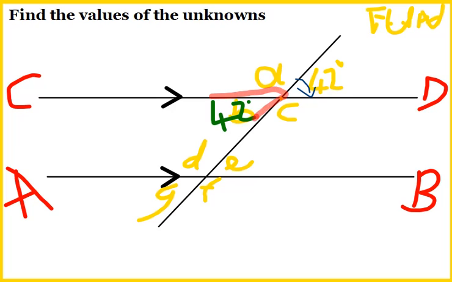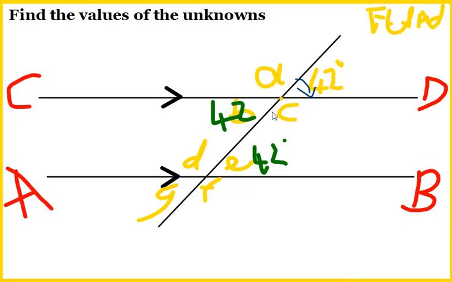So let me draw a Z right there just to show you what I'm talking about. So we can see that that's the interior and that's the interior. And because we have parallel lines, that means E is also equal to 42 degrees. So I'm going to fill that in now, 42 degrees. Why? Alternating angles.